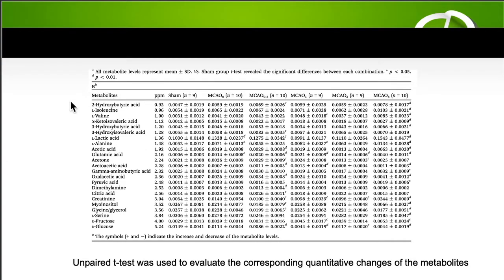And here is the table of the NMR t-test. As we can see here, the D represents clinical significance, which is P smaller than 0.05.